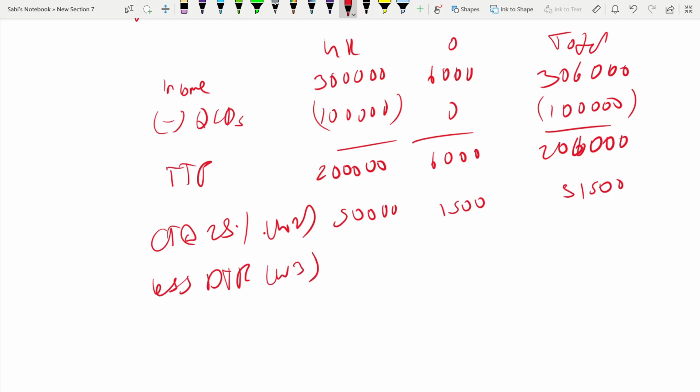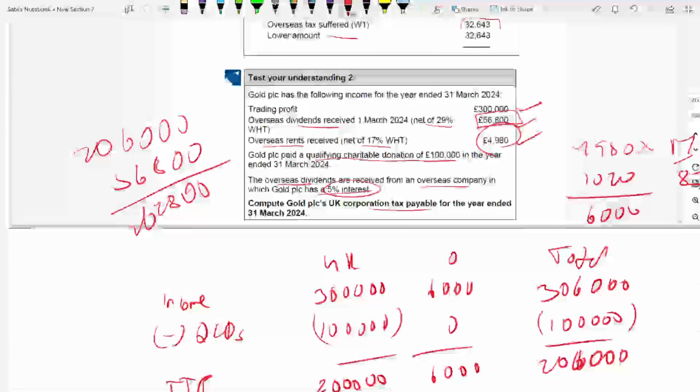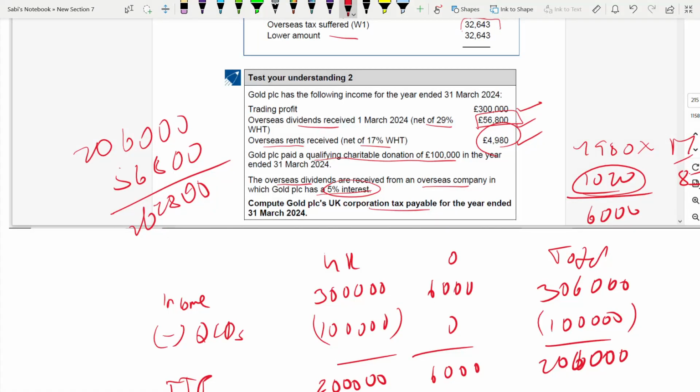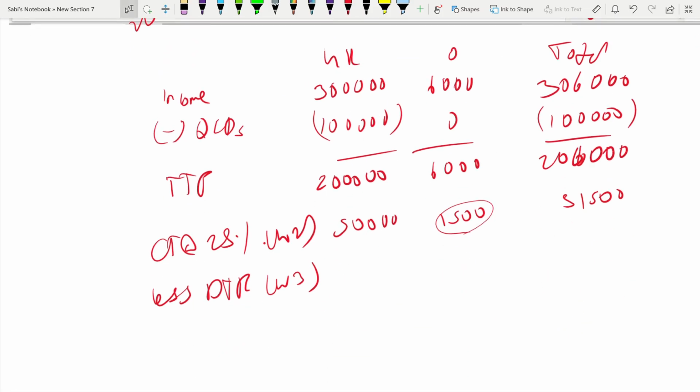So for DTR there's a working. Overseas tax offered: lower of UK and overseas. So this is the UK tax on the overseas income, and overseas, if you see, it is this one, 1,020. So 1,020 and 1,500. 1,020 is lower. So 1,020 is your DTR. Here it is 0.